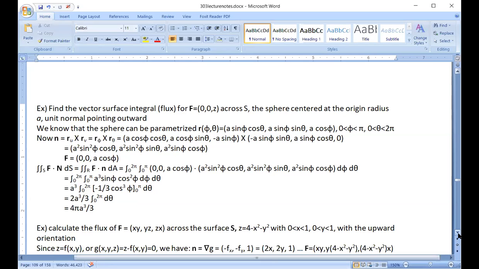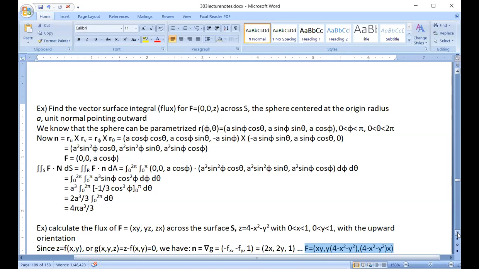So then you do have to rewrite the vector field because we need to replace z. So the vector field becomes xy, comma, y times 4 minus x squared minus y squared, comma, 4 minus x squared minus y squared times x. And so now everything is expressed in our quote unquote parameters, which are just x and y.